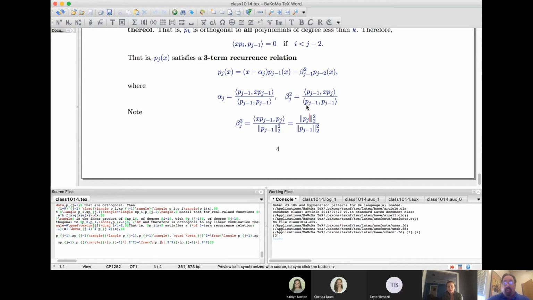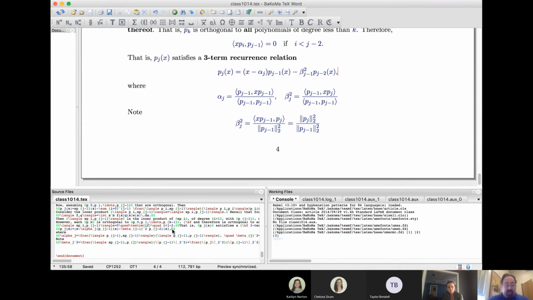So all you have to do to compute these orthogonal polynomials, you start off with p_0 being equal to 1. And then you generate these alphas and betas, and then you can form the rest of your orthogonal polynomials. Now, we do need initial conditions.